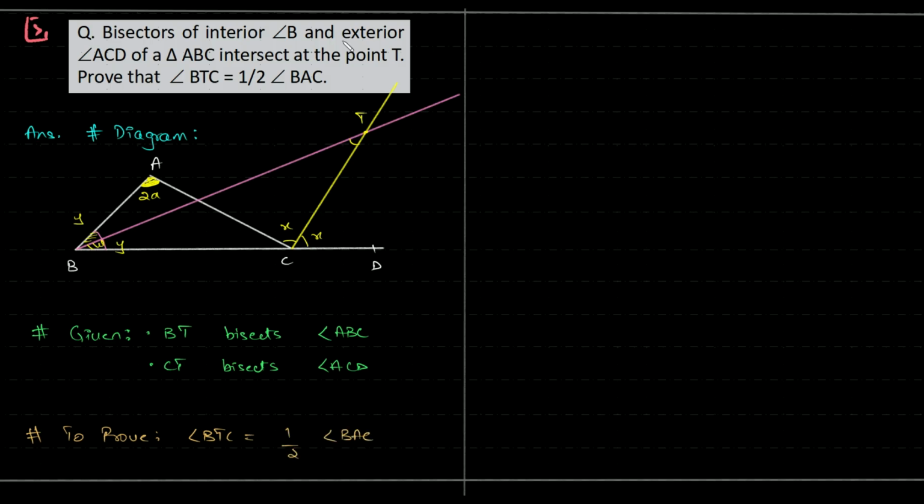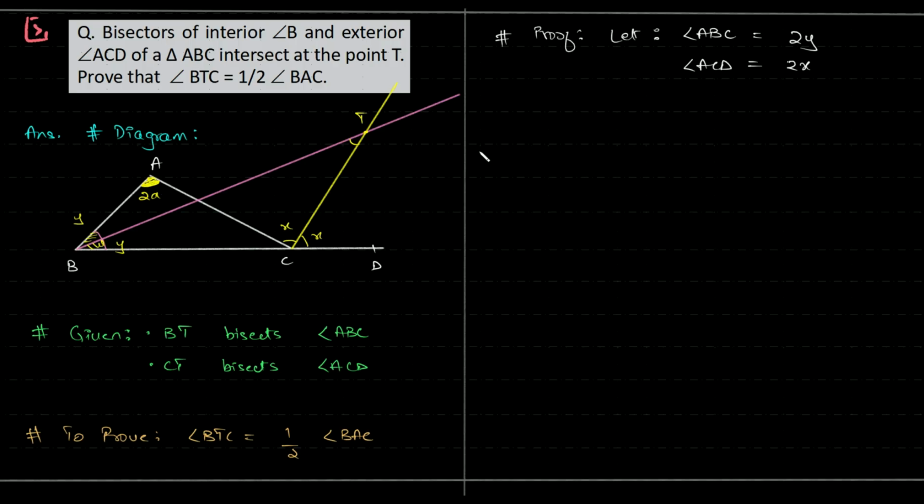Now the proof starts. First thing is, whenever you're talking about bisection, what should we do? Call them angle ABC is equal to 2y, and angle ACD is equal to 2x. Okay, guys. And then on to the next thing.